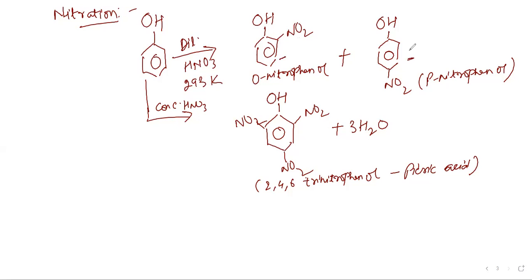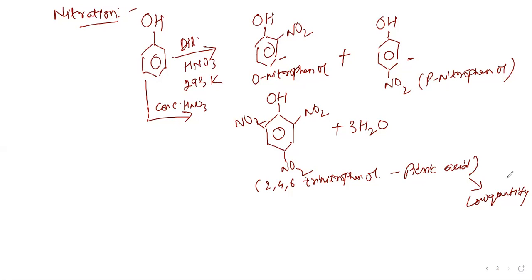Here we need to consider one thing: the picric acid that we got by direct nitration is in low yield, poor yield, or less quantity on doing direct nitration of phenol.